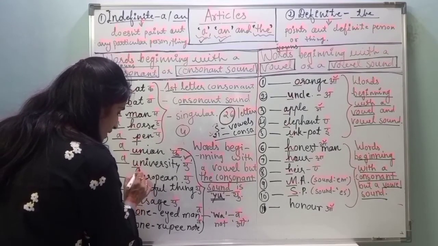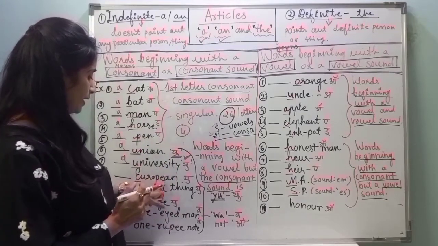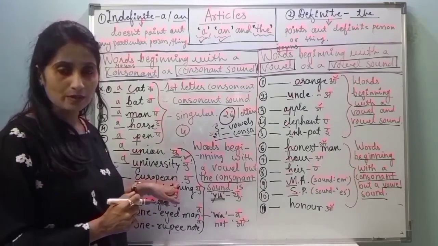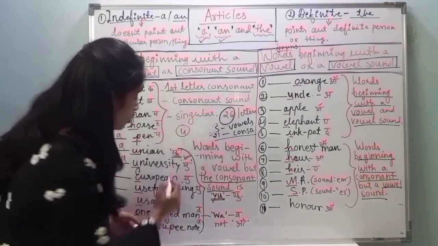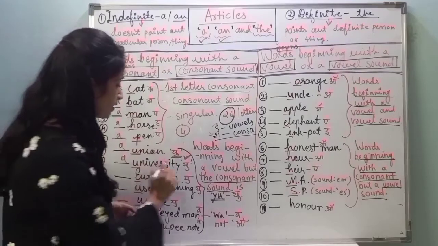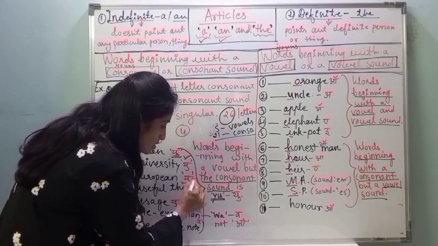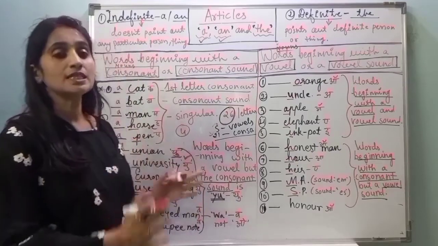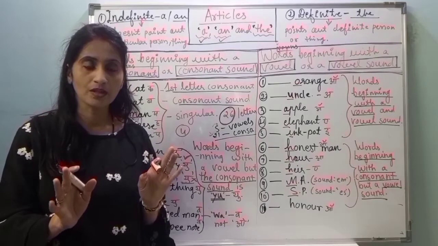In the same way, here European. We cannot say an European because again the same thing is here. The sound U is not a vowel.